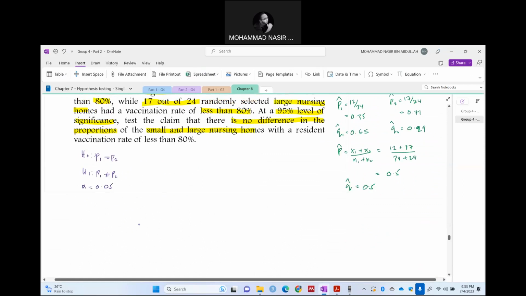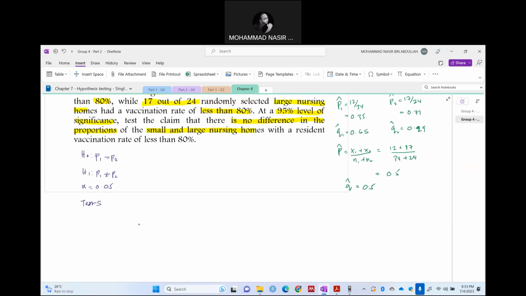So the test statistic, the Z value, should be p1 minus p2 divided by the square root of p hat q hat multiplied by 1 over n1 plus 1 over n2.